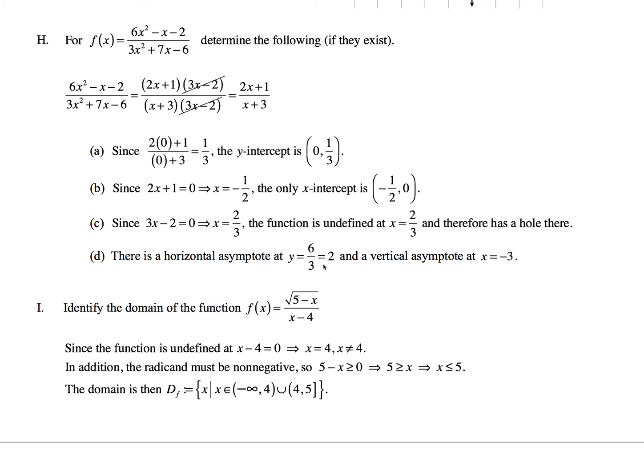So 6 over 3 is 2, as is 2 over 1, that's 2. So we have a horizontal asymptote at 2. Now the vertical asymptote, since negative 3 makes this denominator 0, negative 3 is the vertical asymptote, so the function never crosses the graph at x equals negative 3.